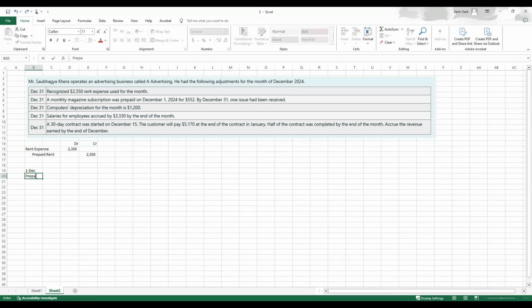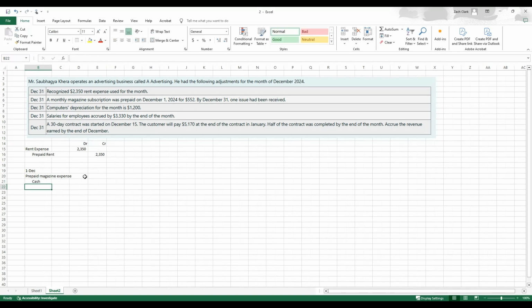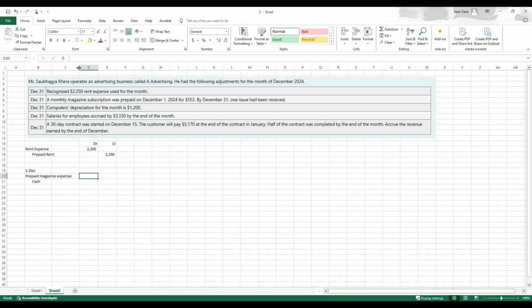You would have had prepaid magazine expense, right? And then you would have had cash. That's what this transaction originally would have been. It would have been 552, and that happened on December 1st. So we got our prepaid total balance because we paid that full amount, and we're assuming this represents 1 year, which I think is the right answer, but it doesn't exactly tell us. But I'm going to assume that's it.